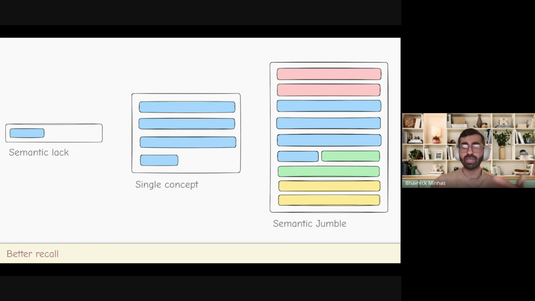So that's the idea on the extreme end of increasing the context. And somewhere in the middle is what you'd want to use.